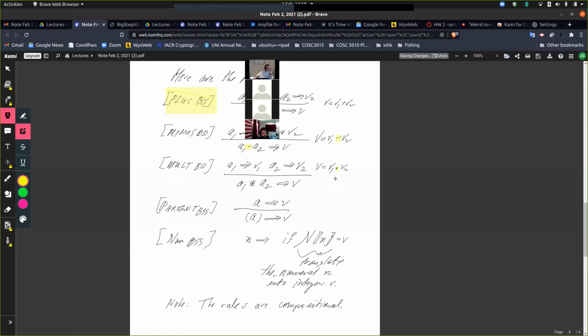Multiplication. Notice that in the book he uses a dot for mathematical multiplication and an asterisk or star for the syntactic form of multiplication, so this one separates out better. Again, you evaluate A1 to V1 and A2 to V2, and then you multiply those two together to get the answer V. Now this parenthesis rule says, if I have an expression with parentheses around it, how do I figure out what it evaluates to?